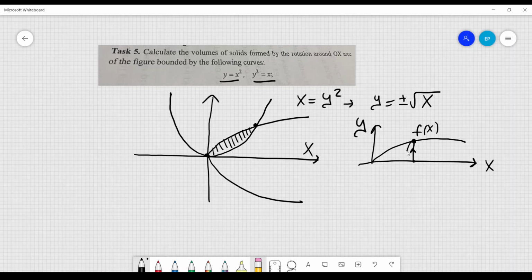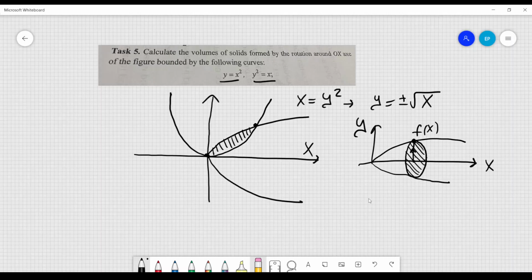And if we rotate the curve around the x-axis, we are going to generate some volume here. And these slices, these sections of the curve, are circles. So we have circles here. And if we sum all the areas of these circles along the x-axis, we are going to get a volume.